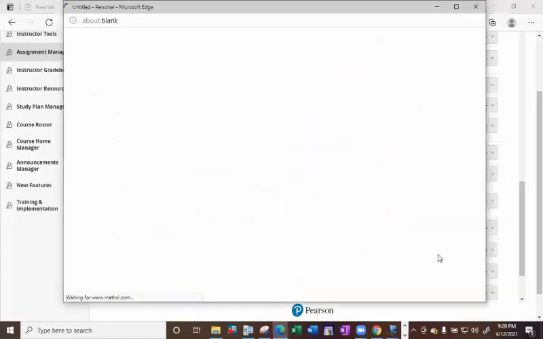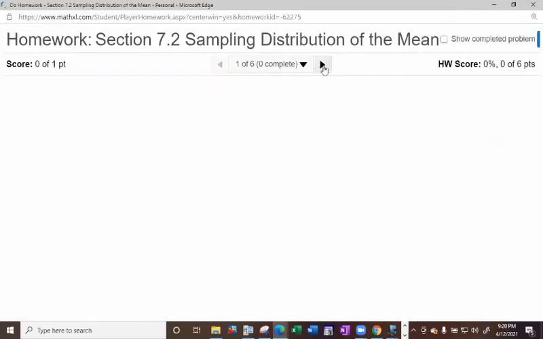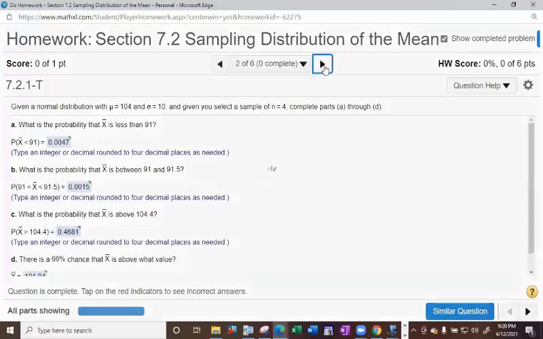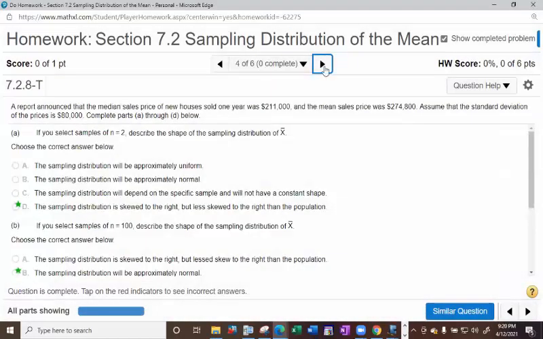Let me show the completed problem. It's got to be this section, I think. It's at the end. I know that it's one of the last two.